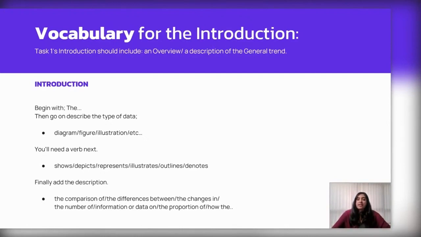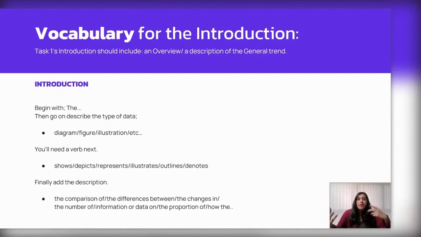Okay, and then finally add the description. So you can say something like the comparison of, or the differences between, the changes in, the number of. Okay, you're saying what the graph is describing or what the visual representation is describing. Okay, so basically you have formed your sentence. All right, the diagram. So let's just make one, for example.